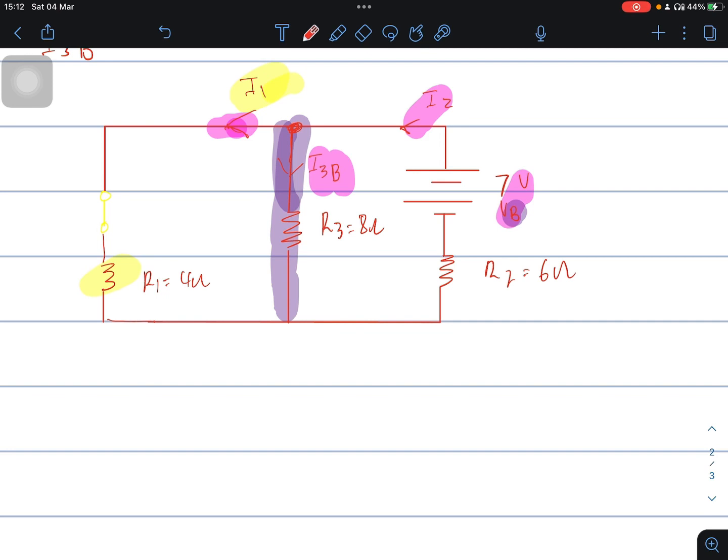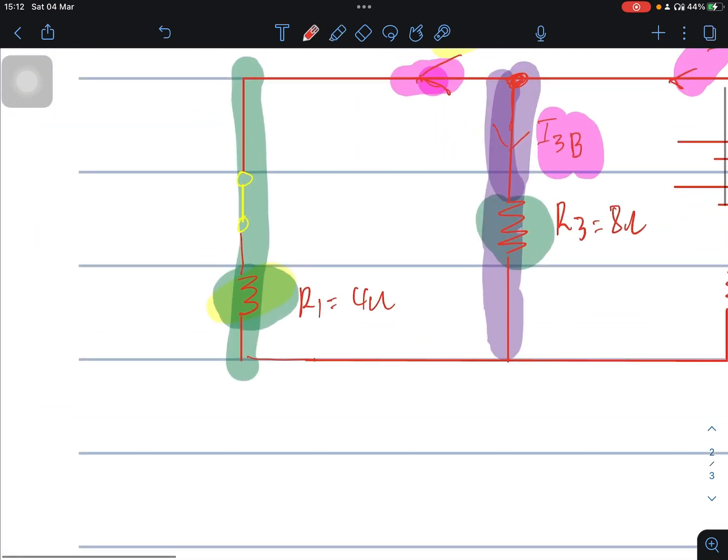How do I find that? I have the voltage now. I need to calculate the total resistance of the circuit. I see that R1 and R3 are in parallel, so I first calculate the parallel branch.